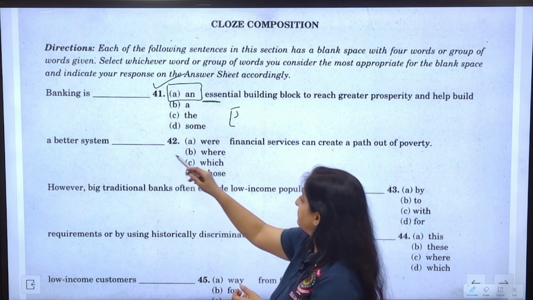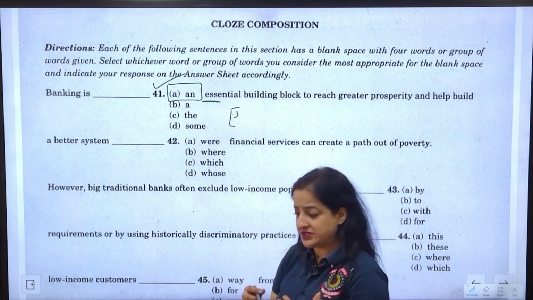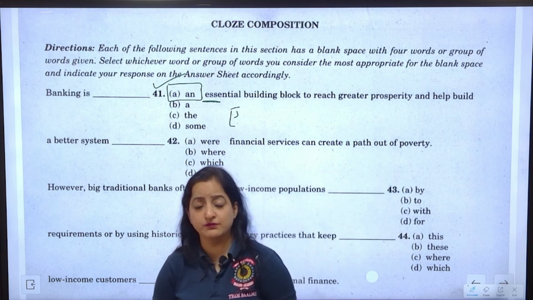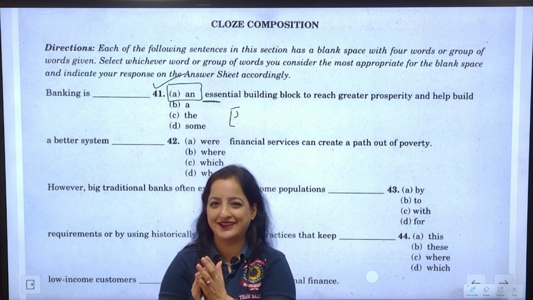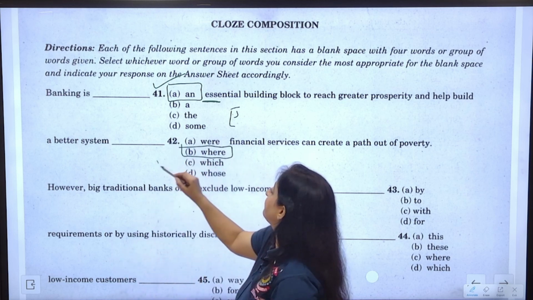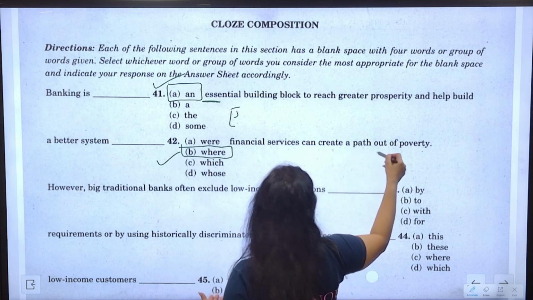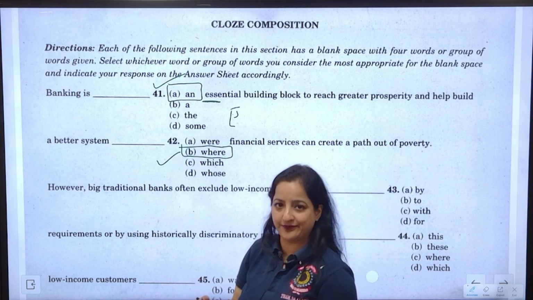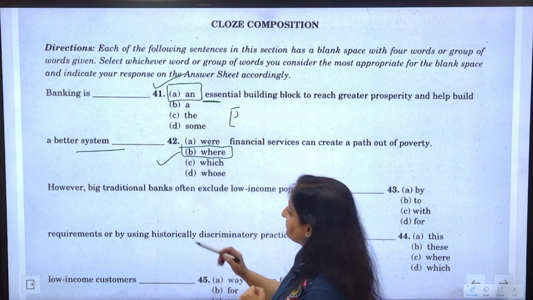A system, financial services can create a path out of poverty. एक ऐसा system जहाँ you were talking about a place over here, yeah? A system where financial services can create a path out of poverty. The system where, okay.